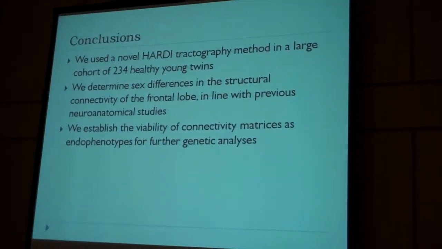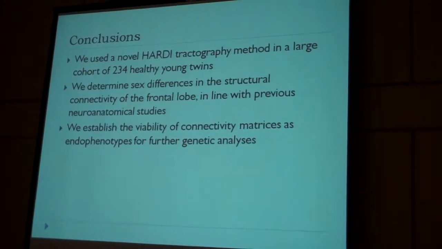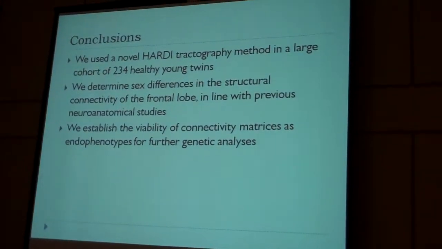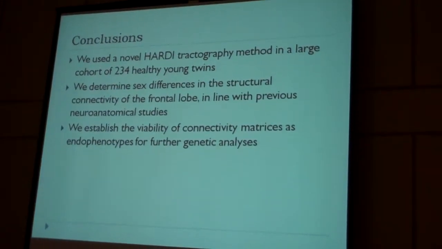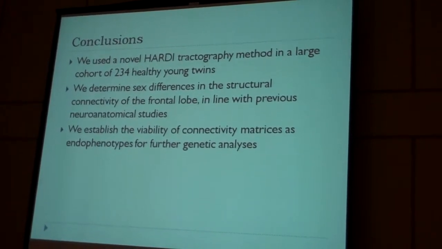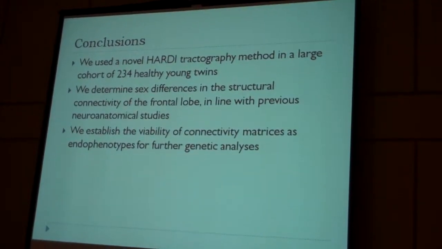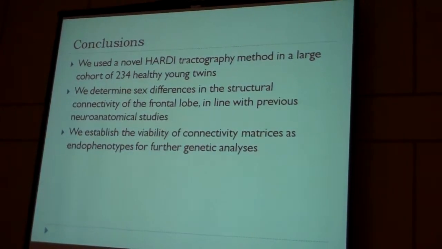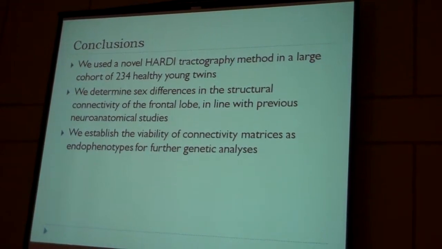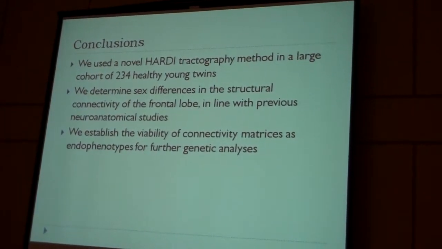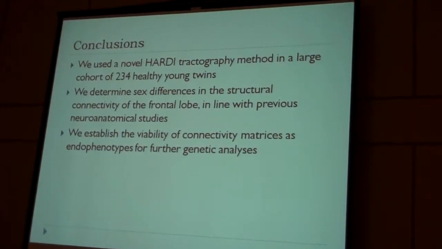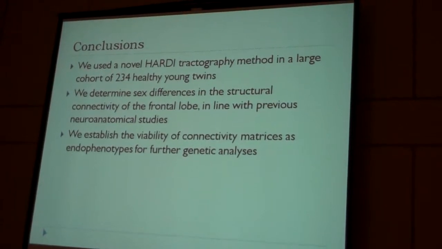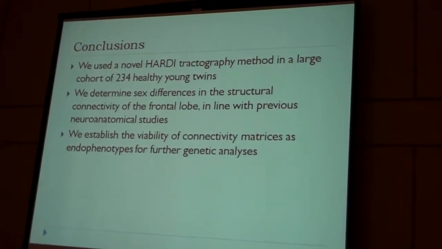To summarize the results from our method, we used a novel HARDI tractography algorithm and applied it to 234 healthy young twins and their siblings. We used the fibers from the method to analyze sex differences in the structural connectivity in the frontal lobe, and our results agreed with literature studying the connectivity of the brain.